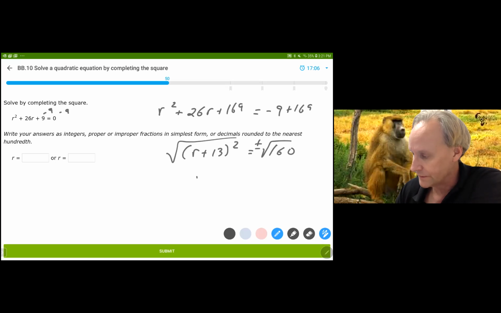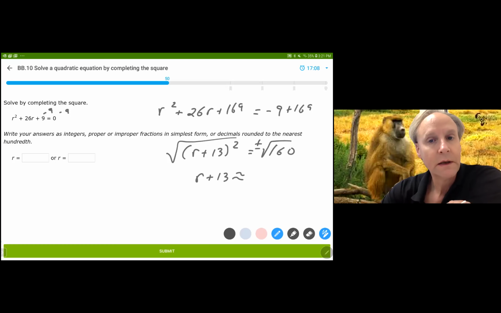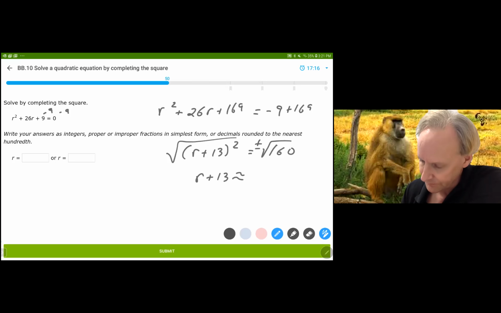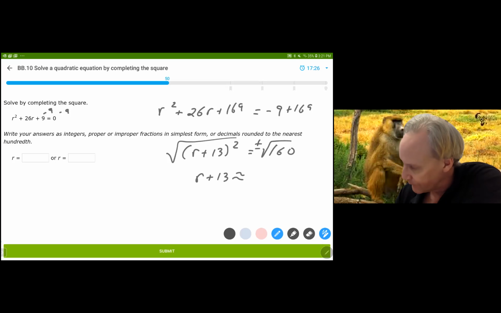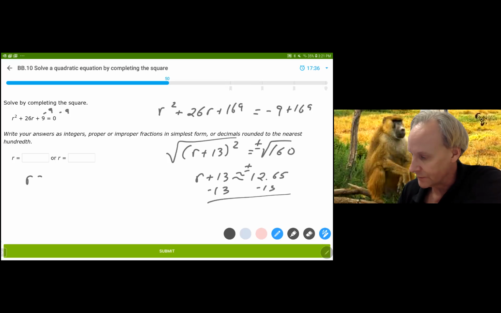And r plus 13 is approximately, 160 is between 12 and 13, closer to 13. I would say maybe 12.7. Let's take a look. 12.65. Remember, we're talking about a plus or a minus, so we have to subtract the 13 from both sides, and r is approximately equal to, looks like -25.65.